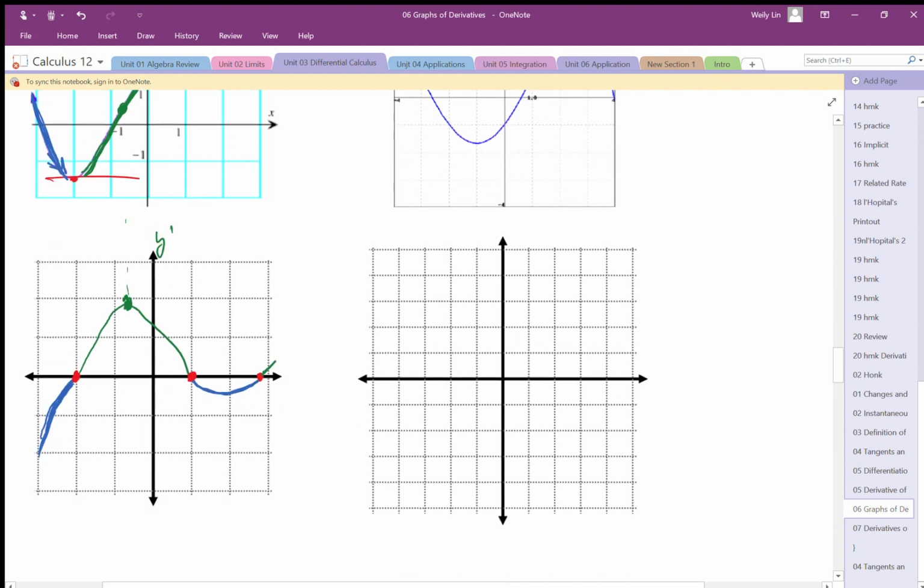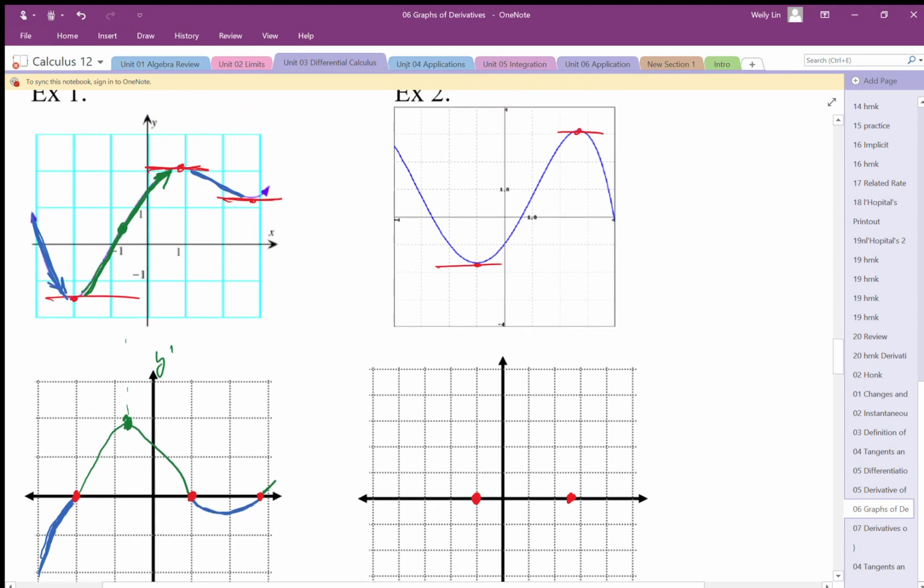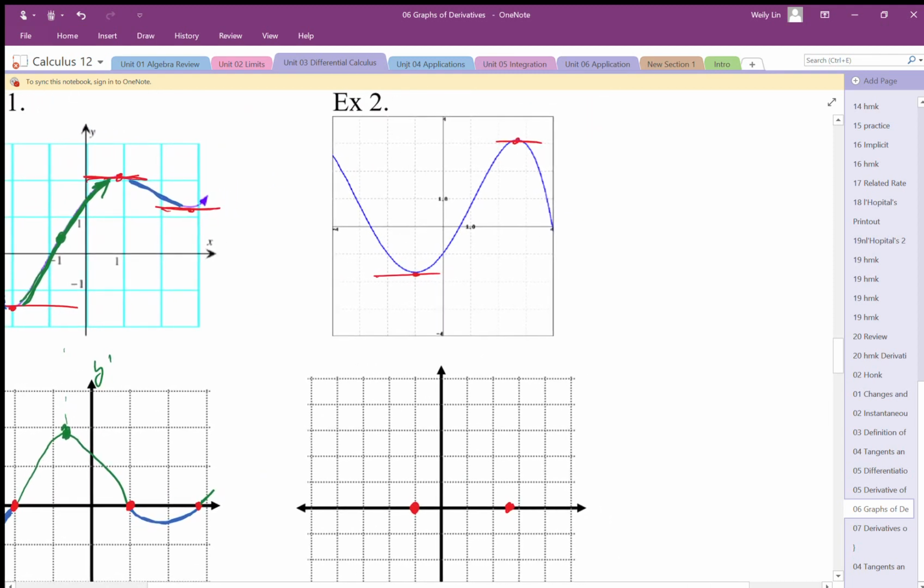For the next one, same thing. I want to identify those three pieces. I want to find 0 slopes where the tangents are 0, and relate that to a 0 coordinate on the x-axis. That's about 2.5, so somewhere around there. Then where the slopes are positive and negative. I'm going to start with a negative slope.